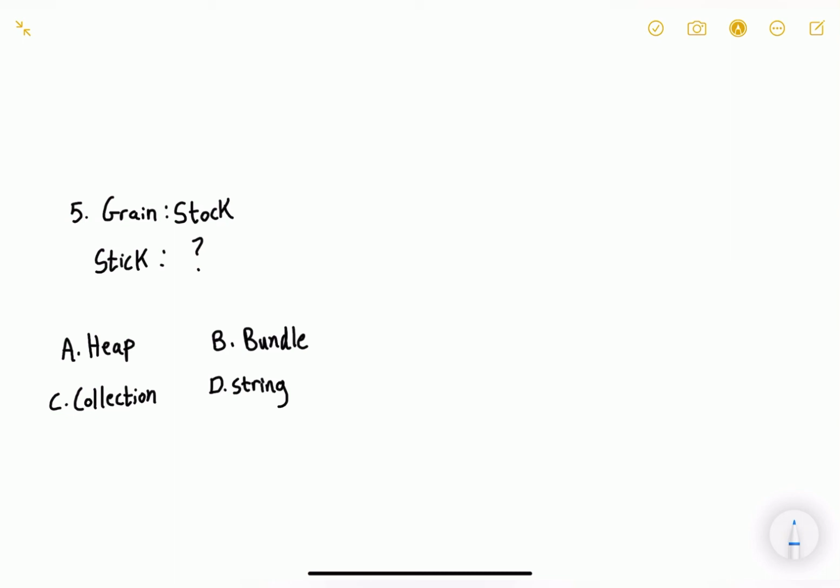Now let's move on to our 5th and final question. So it says grain, stalk, stick, question mark. So what's the relationship between grain and stalk? The relationship is that a stalk is a collection of grains. So we're supposed to look for the word that means a collection of sticks. And we know it's not collection because collection is the word that we're using to identify the relationship. And we know it's not a string because that is singular, so we know that's not it.